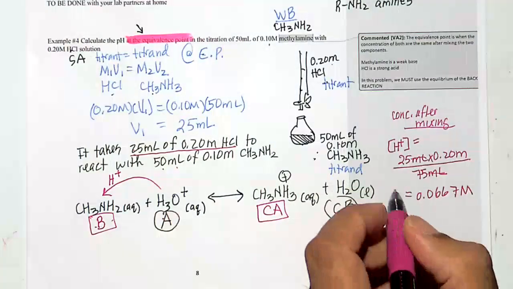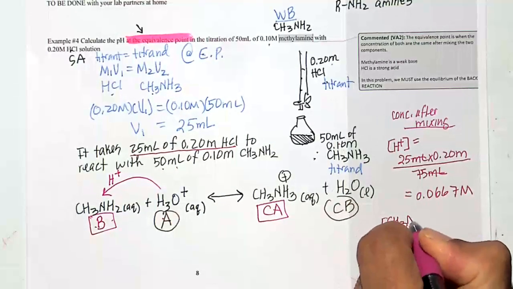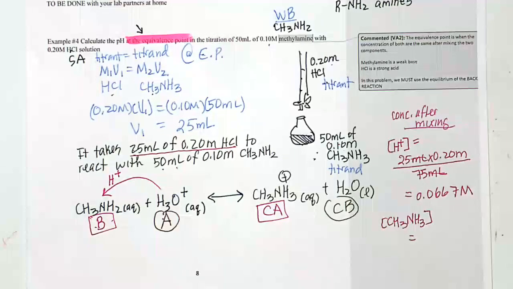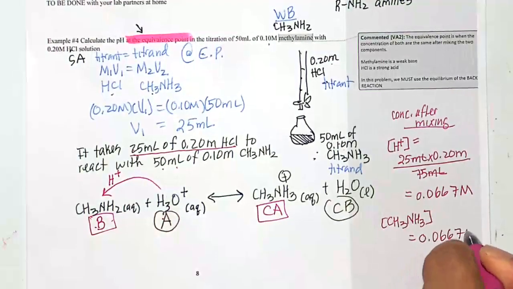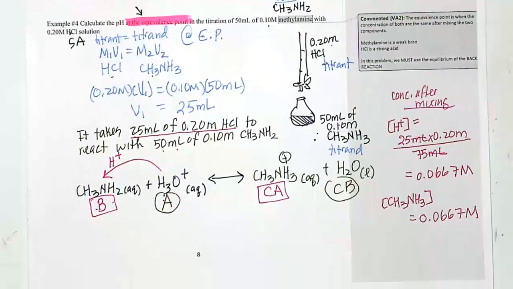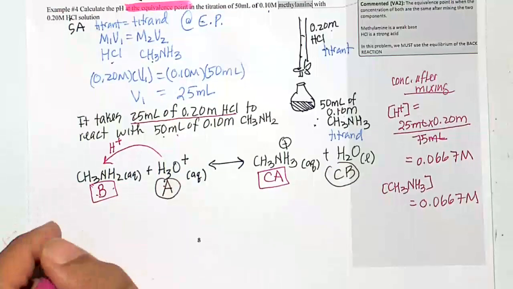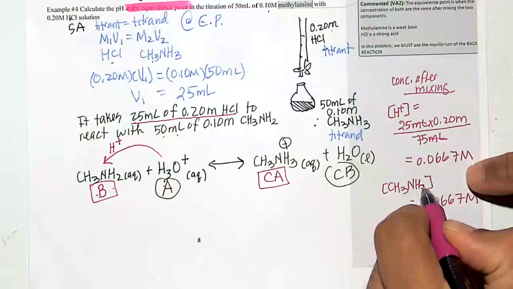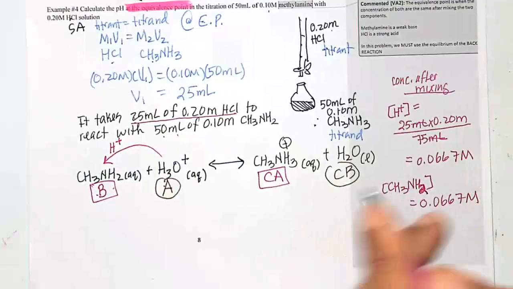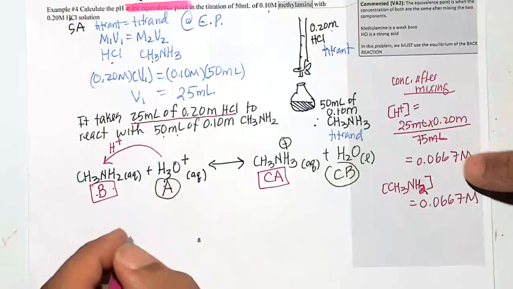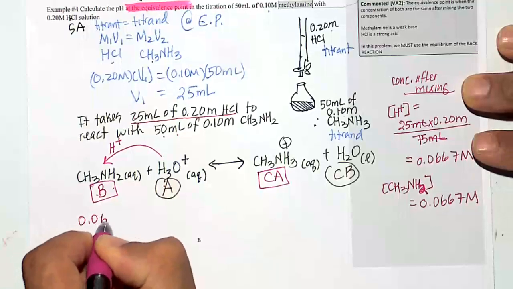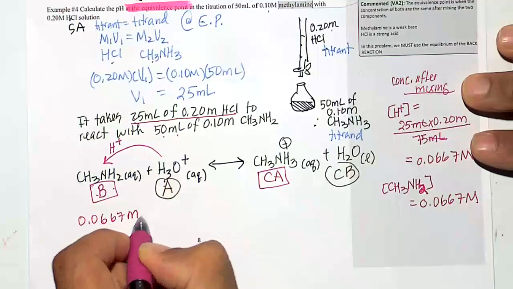What do you think the concentration of the CH3NH3 plus is? It's the equivalence point, so what is its concentration? The same, 0.0667. Our concentration of CH3NH2 is 0.0667 molar.